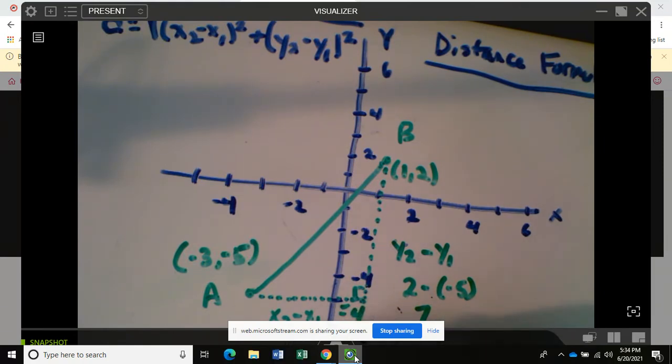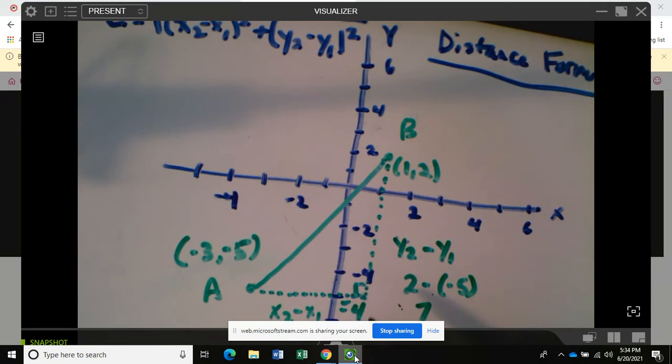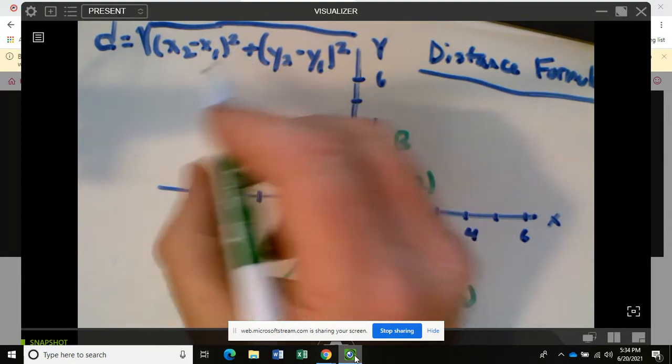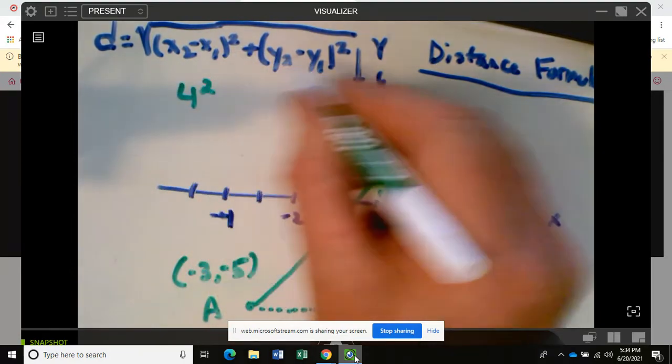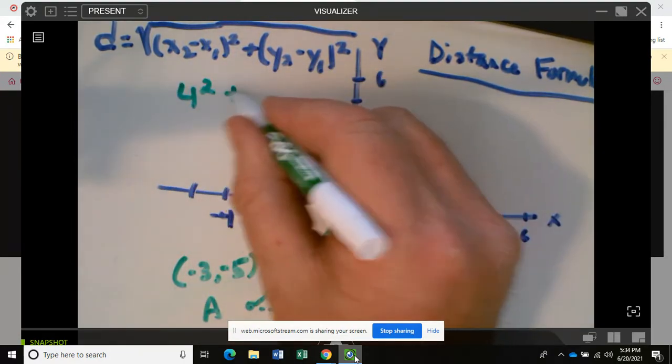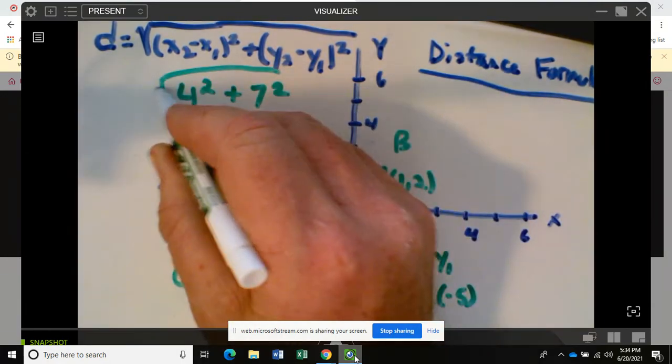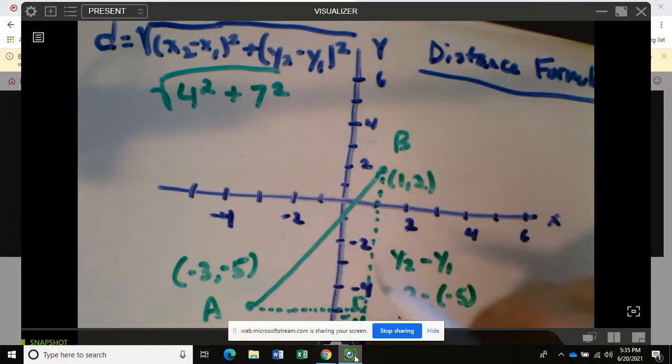So this side is the length of 4. So we have a side that's 4 and a side that's 7. So really this is just x2 minus x1 squared, which would be 4 squared, plus y2 minus y1 squared, which would be 7 squared. And then we take the square root of that, and we'll get the distance, which is the hypotenuse of our triangle.